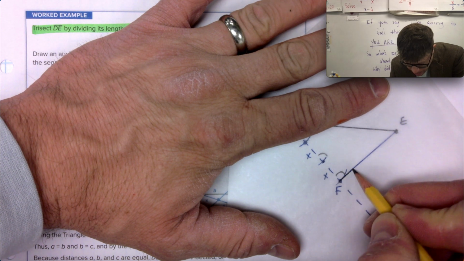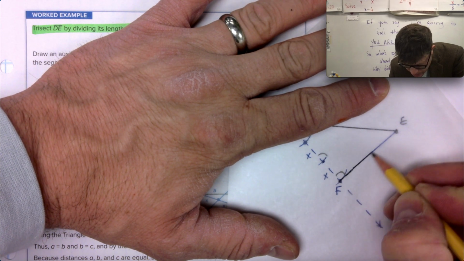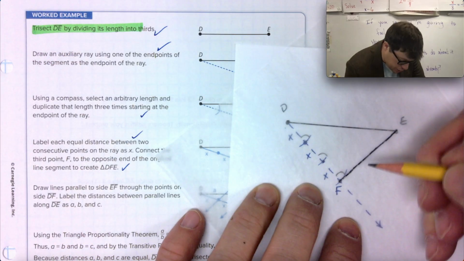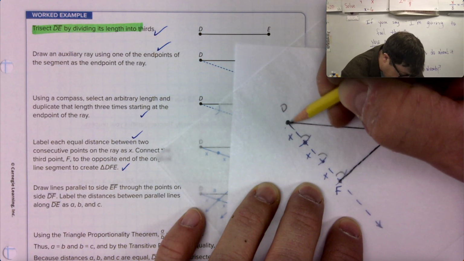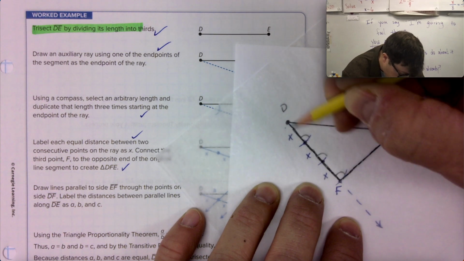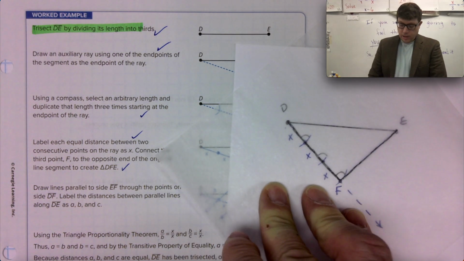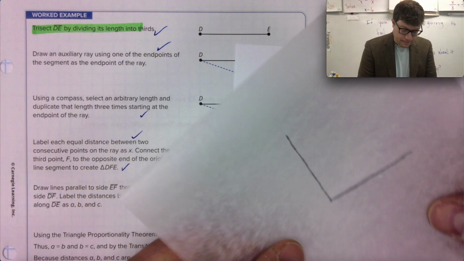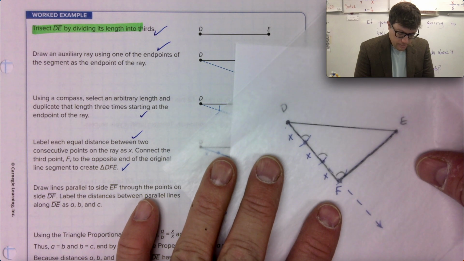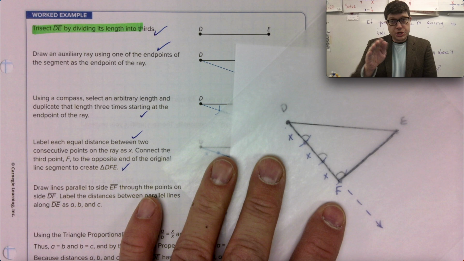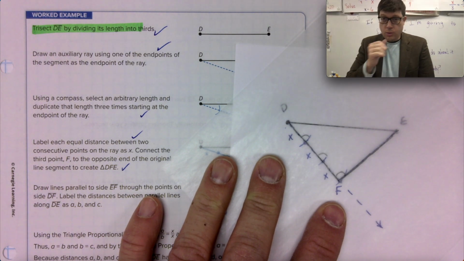So creating parallel lines. I'm going to trace FE, and then I'm going to trace DF. Now let me show you a trick. If I did this right, I should be able to flip the tracing paper over, because the angle will stay the same no matter if there's a reflection or a translation or a rotation.